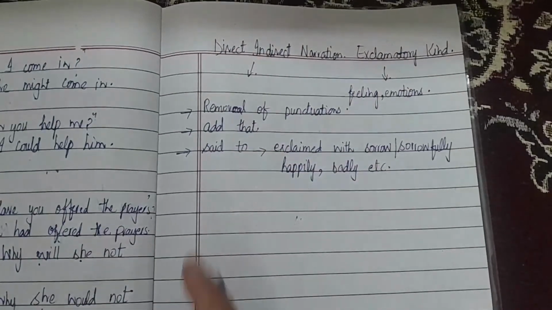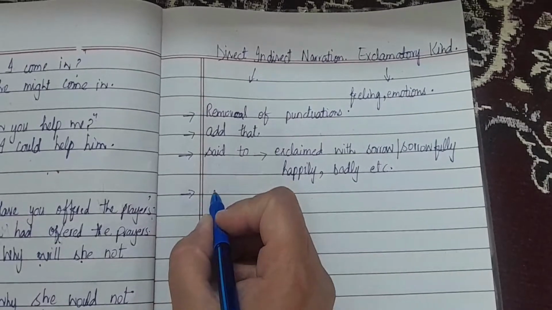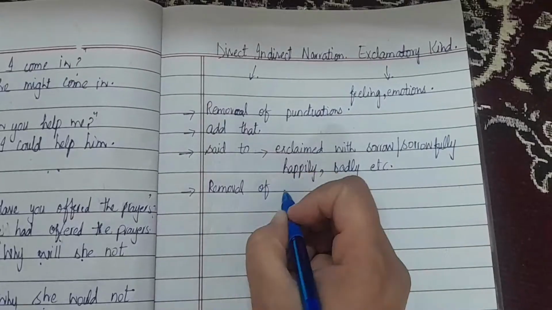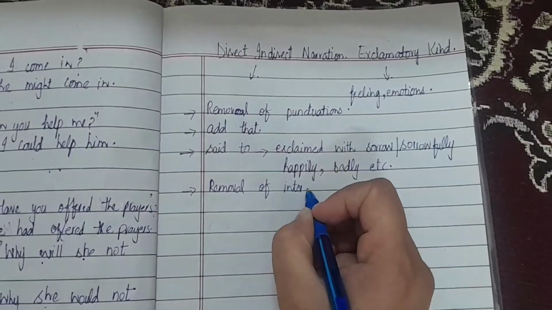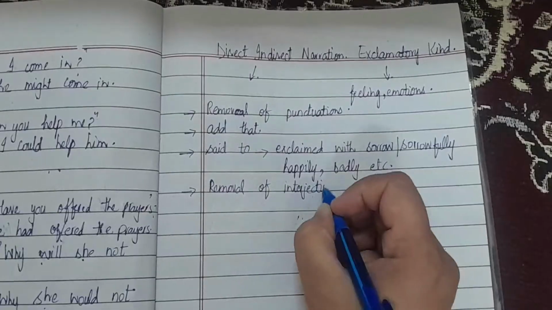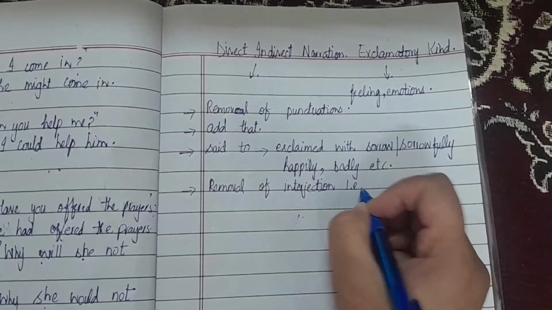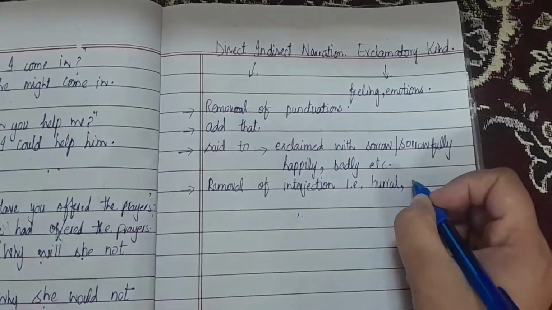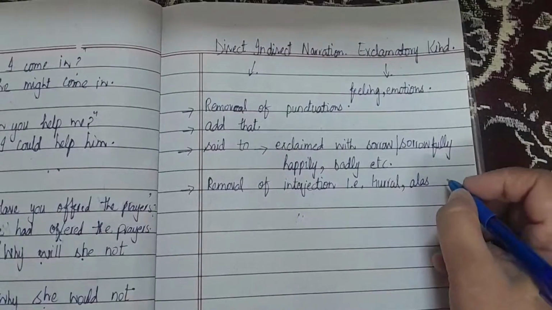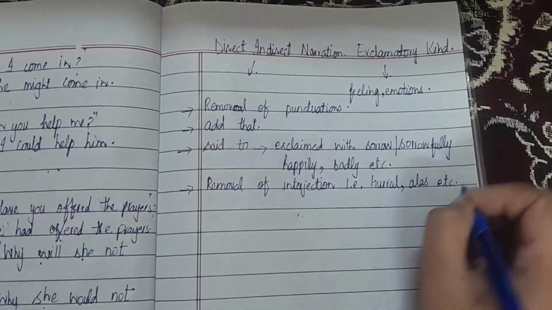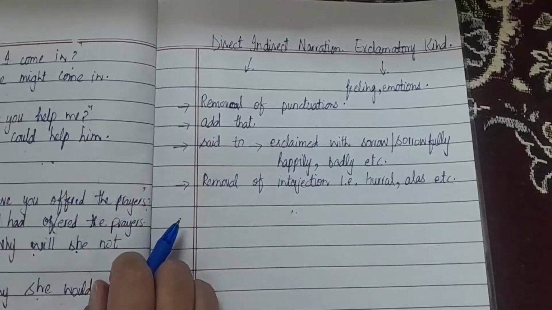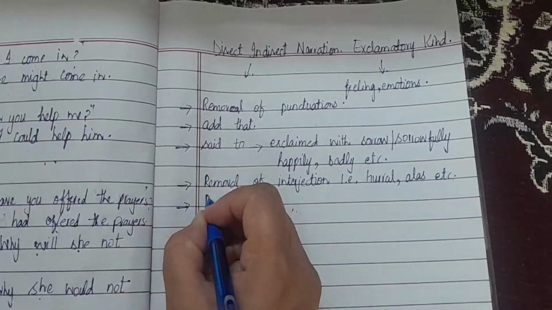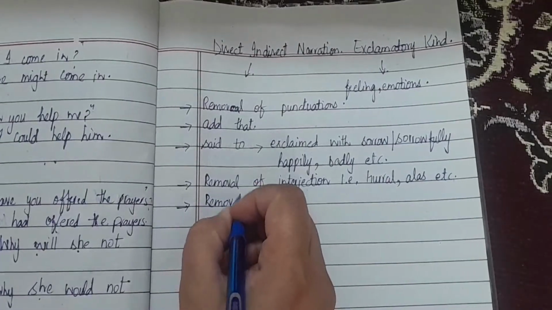Then we'll also remove interjections. For example, hurrah, alas, etc. If we will have any different interjections in the sentences, we will remove them, and also removal of exclamation mark.